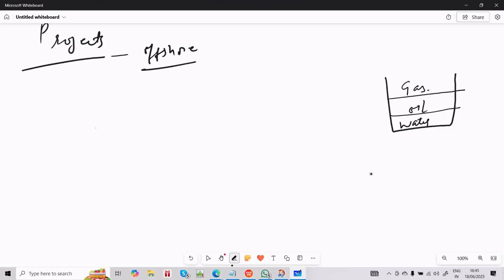This is arranged as per the density. As per the density, it is arranged in a sequence. So water has a higher density than oil, and oil than gas. This is your oil well. So in the oil well, your natural resources are arranged in this manner. Understood?